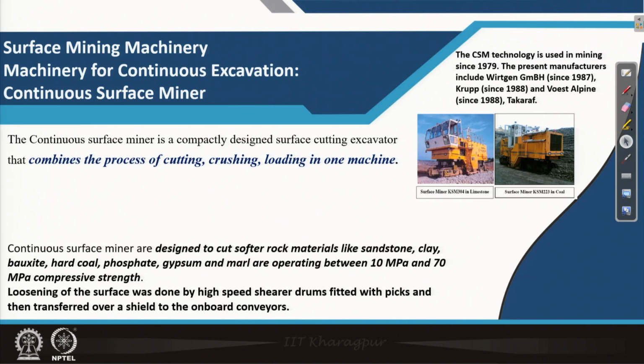Earlier it was used only with different types of rocks, where the compressive strength varied from 10 megapascal to 70 megapascal, but nowadays it is being tried and is also getting successful in some harder rock as well. Now, this loosening is done by high speed shearer drums.